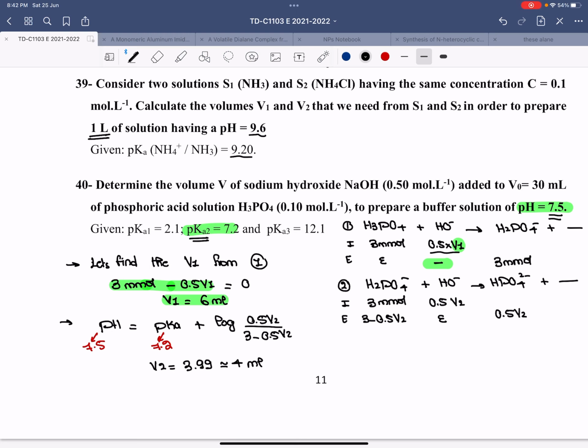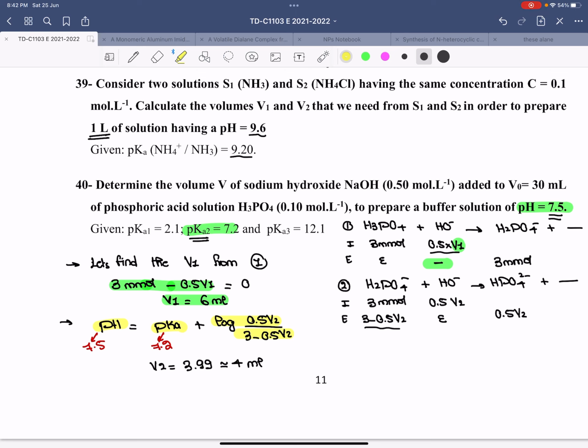So it's basically 3 millimole minus 0.5 V2. But in this case, this value is not zero because you are stuck in the second reaction. You don't know what value remained. If I had the remaining H2PO4 minus, it would be good, but I don't have it. How can I find it? From Henderson-Hasselbalch. You put the pH, which is 7.5, equal to pKa plus log of 0.5 V2 over 3 minus 0.5 V2.